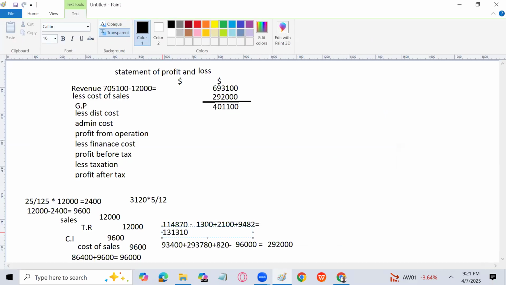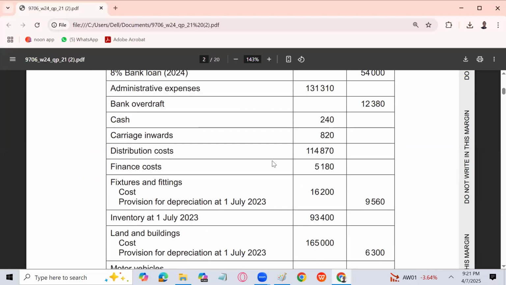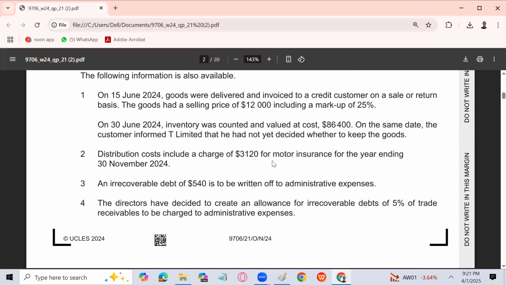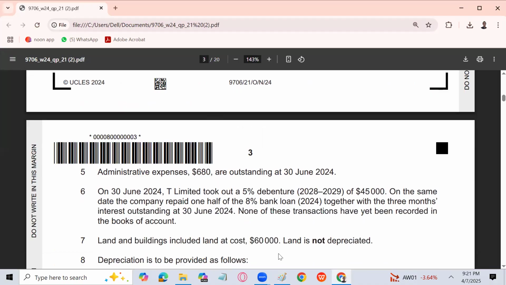Then there is going to be accrued admin expenses, unpaid admin expenses, outstanding, which is supposed to be added. So outstanding expenses 680 is going to be added. Let me show you where it is written over here. Admin expenses are outstanding, so 680 is going to be added.